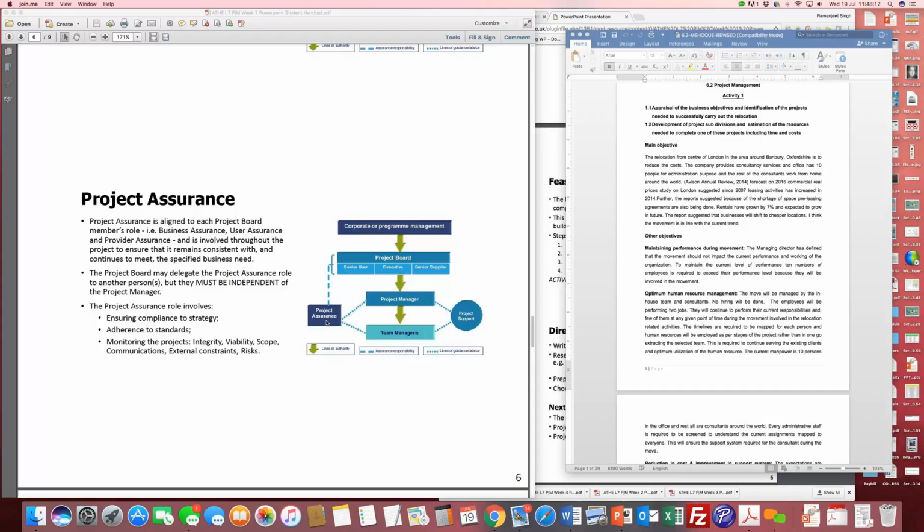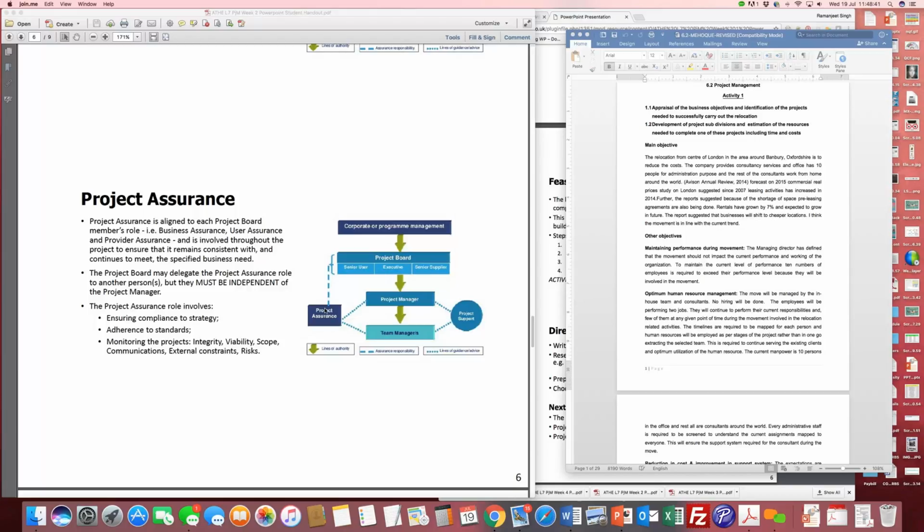He works with him, but his role is as an outside party to ensure that whatever guidelines and processes have been asked by the project board are actually being implemented. So he's like an inspector, like the police. He comes in and checks on the various things being done on a daily, weekly, monthly basis, and then independently reports the activities to the board.